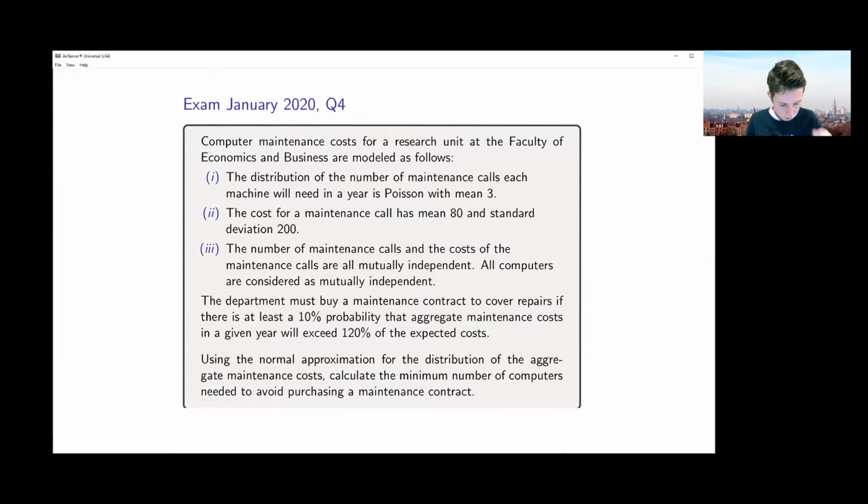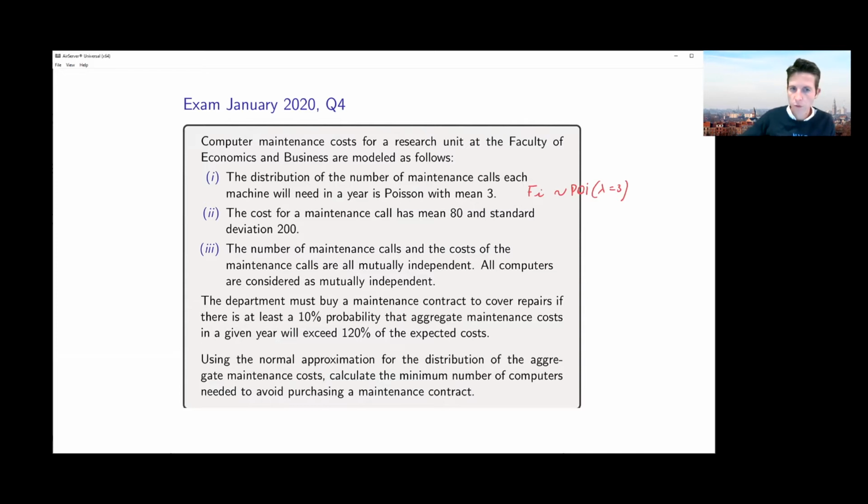Okay, so let's take a moment to think about that. In bullet number 1, we have the distribution of the number of maintenance calls per machine. So I'm going to write that as Fi, say. F for frequency, for number of calls, and that is for machine i. And this is a Poisson with lambda equal to 3, right?